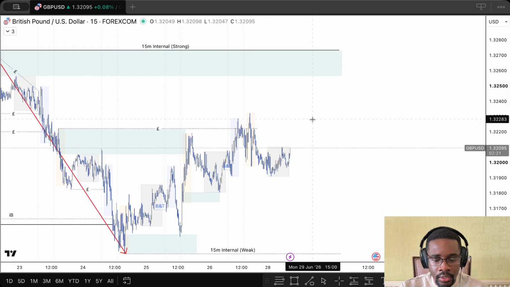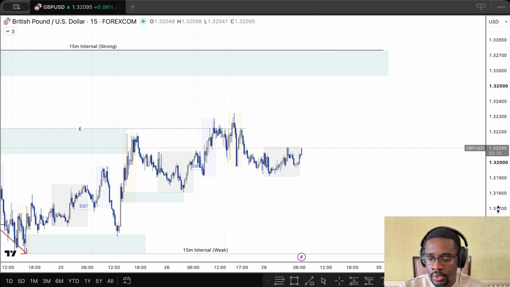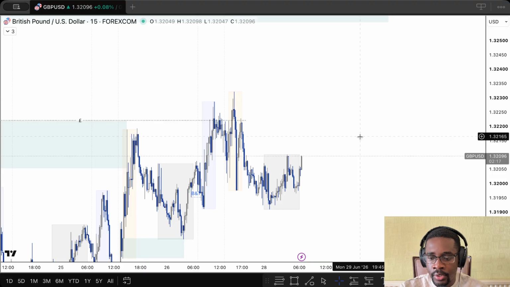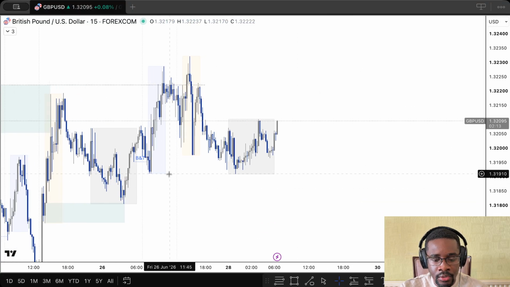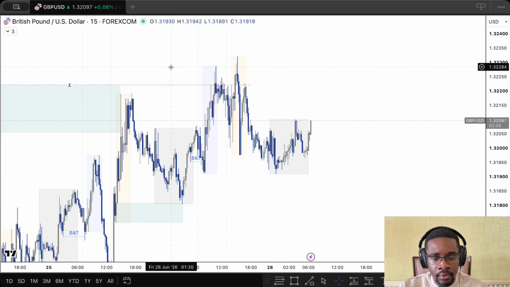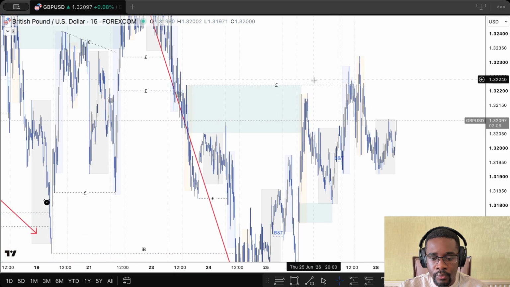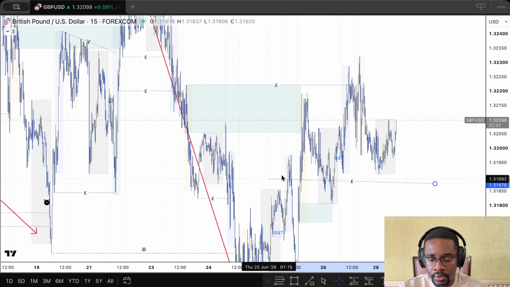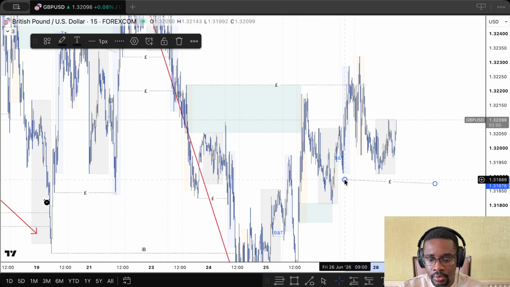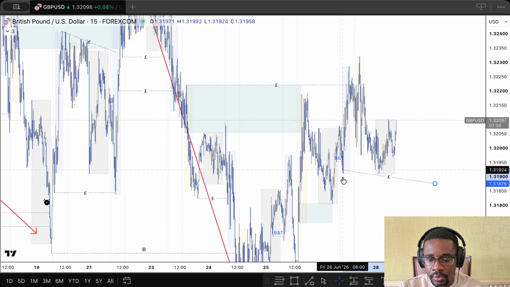Looking at our intraday structure, what I might be anticipating is that we have relative equal lows right here, and right there.